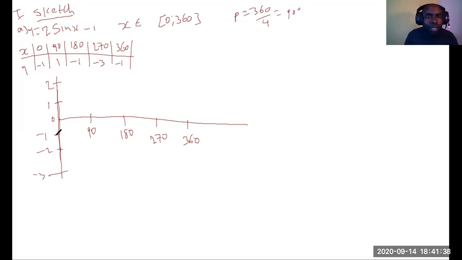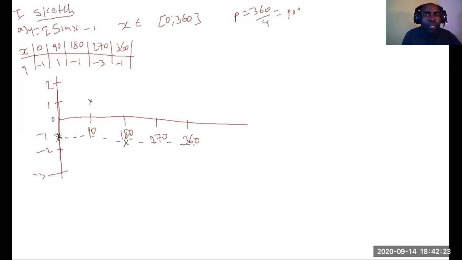So I can imagine this as being my new origin or my x-axis, my new 0 here. So at 0 I have got negative 1. At 90 we have got 1. At 180 negative 1.